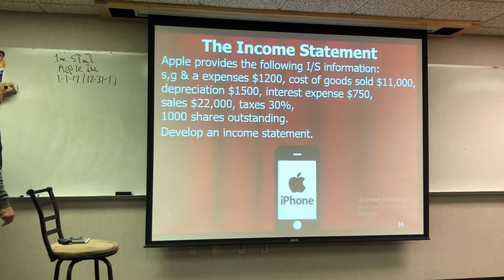So we have sales. And we have cost of goods sold. Okay, watch these acronyms, cost of goods sold. And then we have gross profit. And gross profit's not over there. You got to know that gross profit is part of the income statement. And then you have SG&A, sales general administrative expense. Then you have depreciation expense.